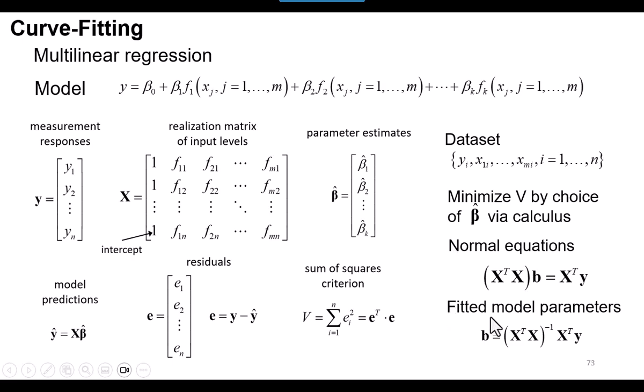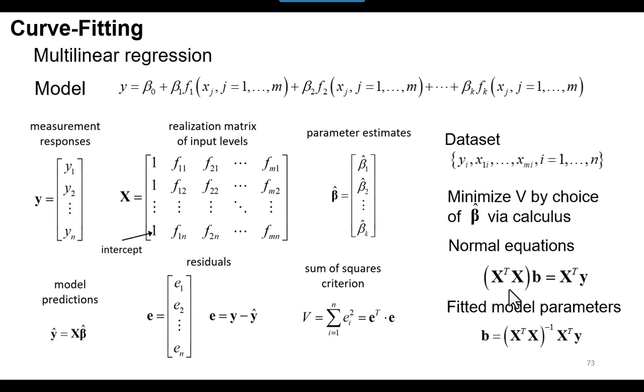You can actually describe this by solving this equation analytically, X transpose X inverse X transpose Y, although when they program this, they actually just solve this set of linear equations. And you'll notice that the size of these equations is the number of parameters, k, and not the number of data, n.